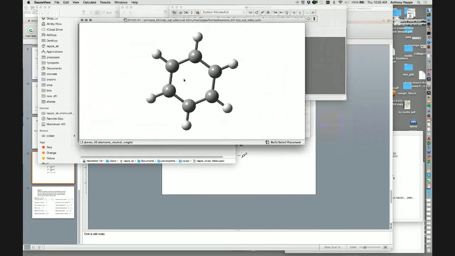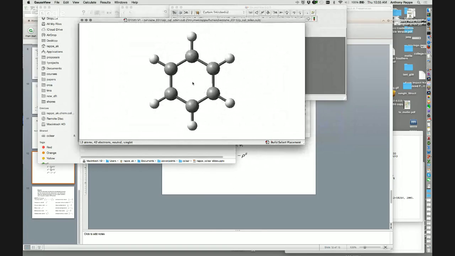And I did a calculation on benzene cation. So I removed one electron from benzene, and so the number of alpha and beta electrons now are different.